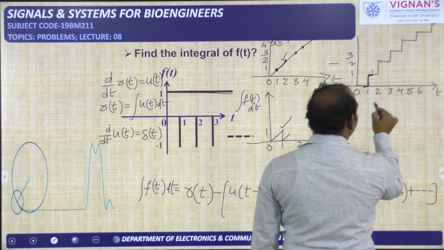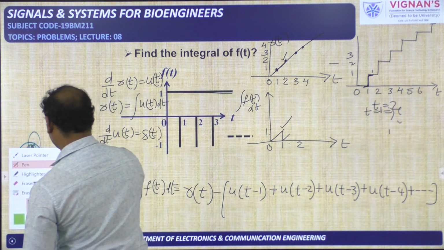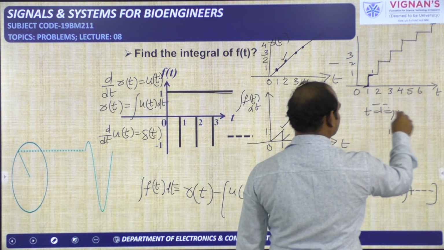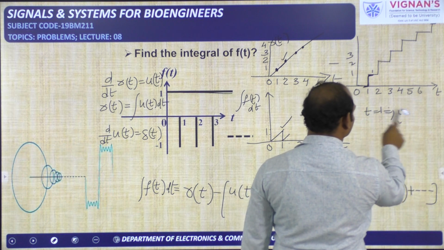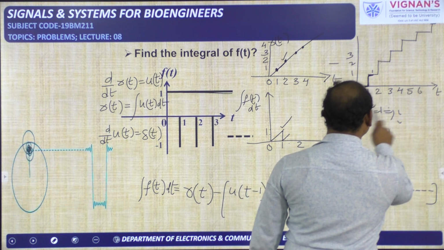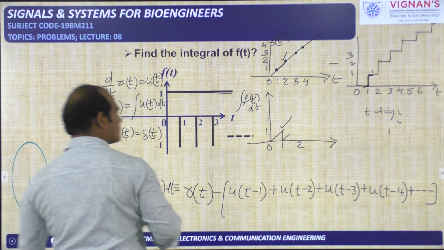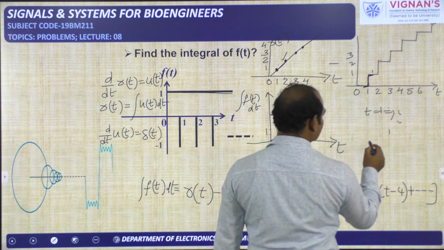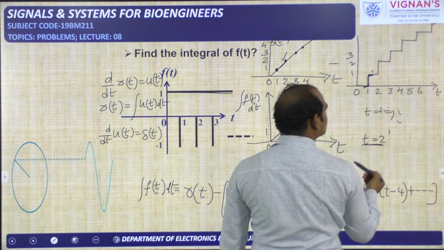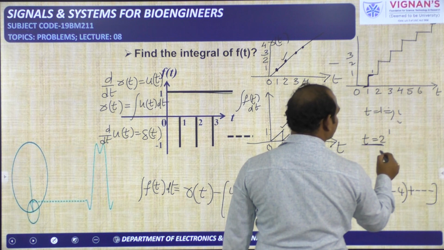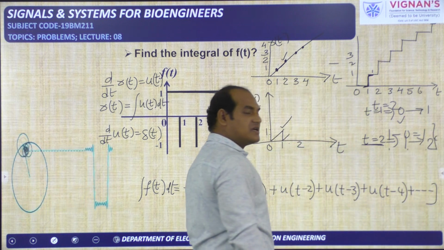But here exactly at t is equal to 2, its amplitude is changing from 1 to 2.